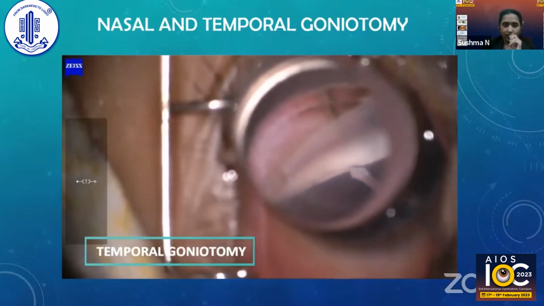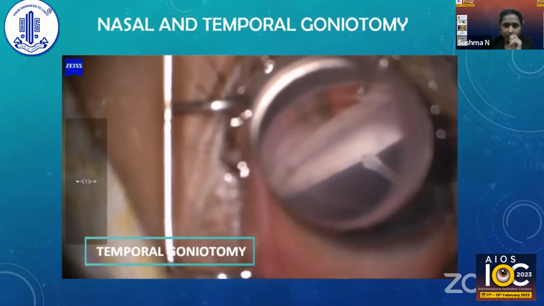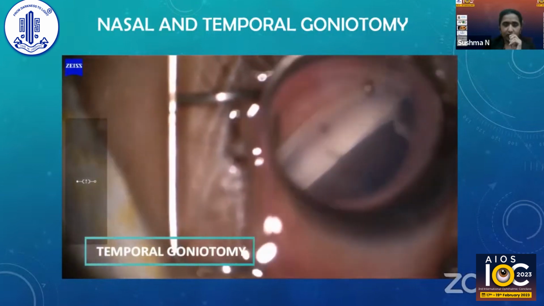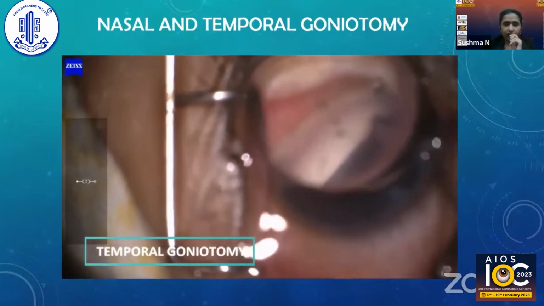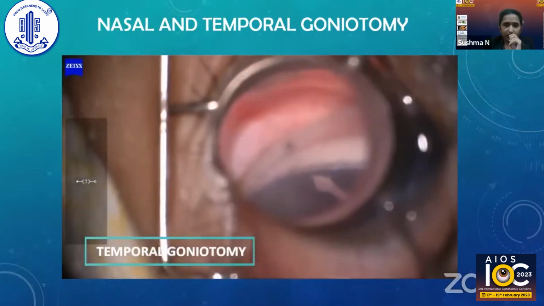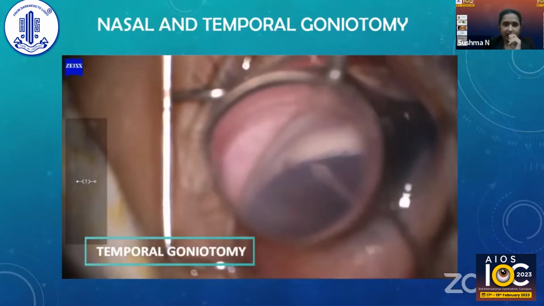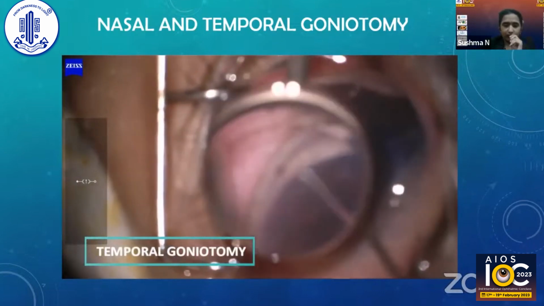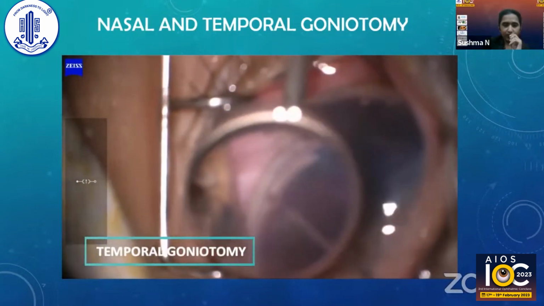And now we are doing the similar goniotomy, till the other end of the nasal goniotomy is reached. In this way, we can perform the whole 360-degree goniotomy with some maneuvering of the lens and the microscope. And the benefit is there is no need of repeated GA if a second goniotomy is required.